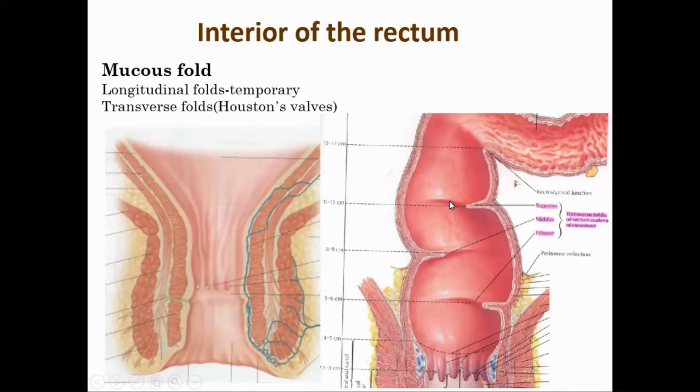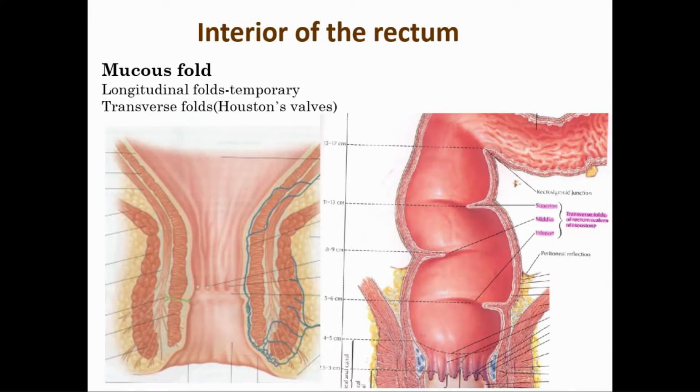And the transverse mucosal folds are the permanent mucosal folds. Both the longitudinal and the transverse folds are formed by reduplications of the mucous membrane.